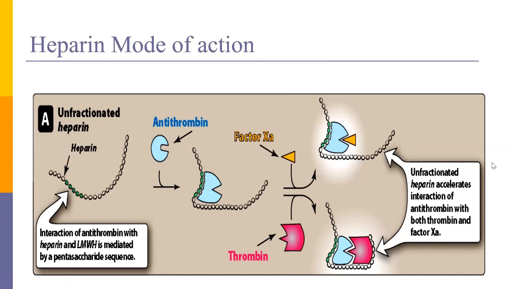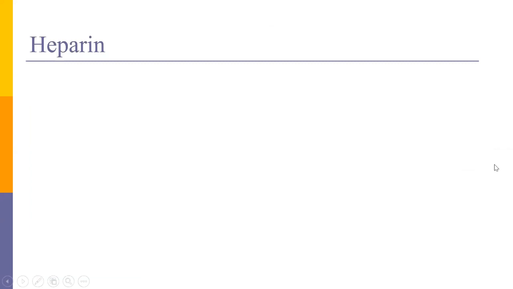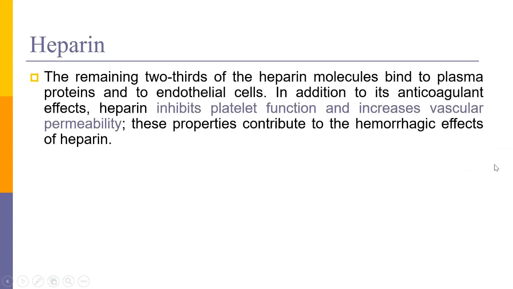So next slide, please. So here, with unfractionated heparins, it is just 1/3 of the heparin that binds with the antithrombin. The remaining 2/3 of the heparin molecules bind to plasma proteins and to the endothelial cells.